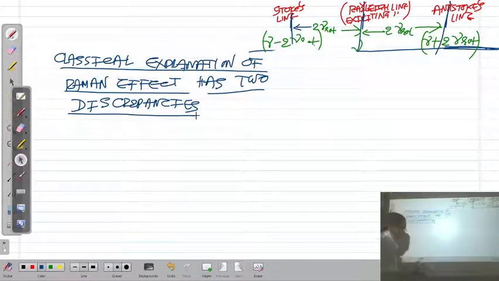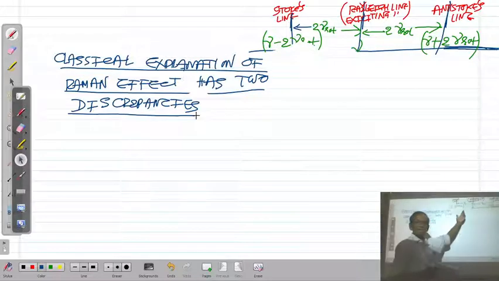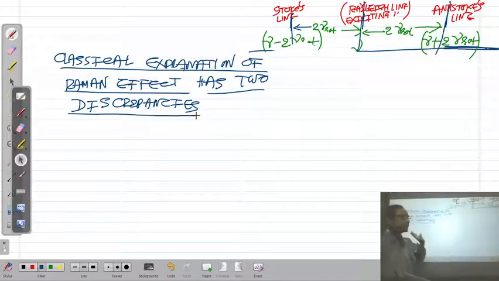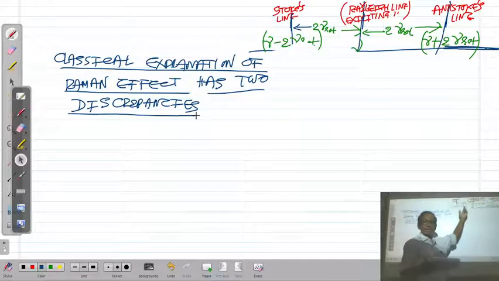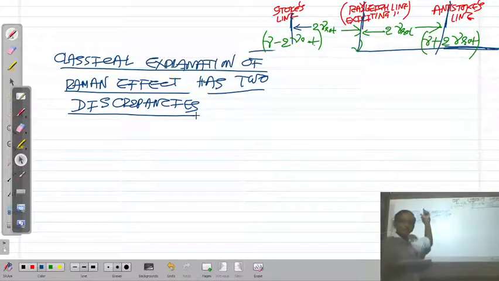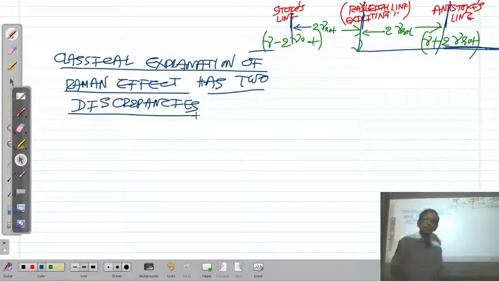What are the two limitations of classical theory that we discuss and then we stop? The classical theory of Raman effect has two limitations or two disturbances.